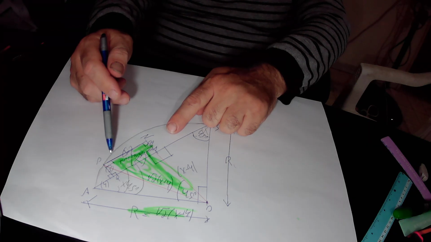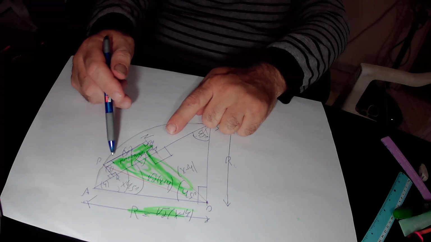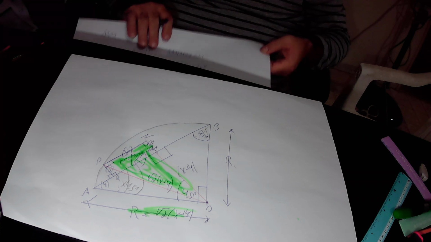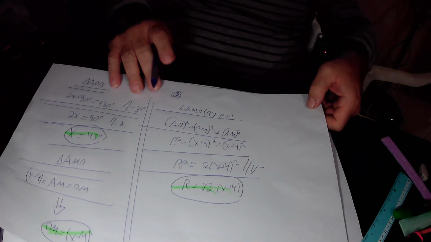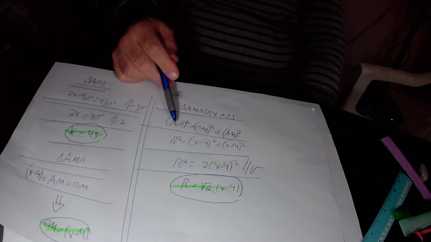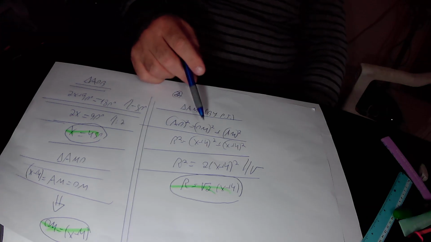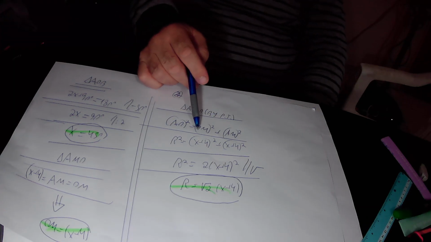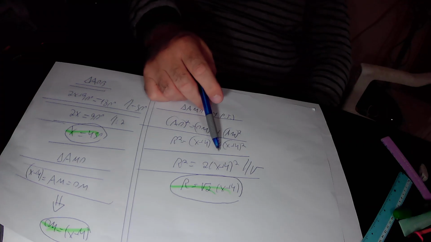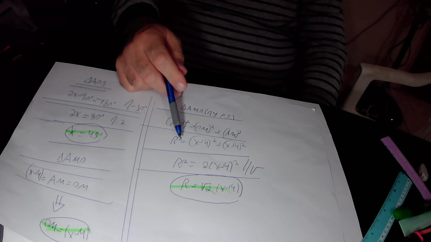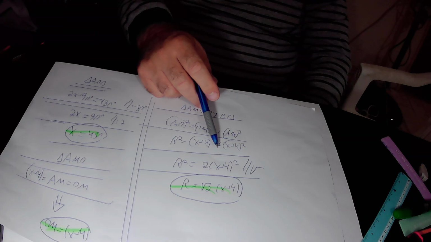AM is also X plus 4, therefore AM squared is X plus 4 squared. So in total, R squared equals X plus 4 squared plus X plus 4 squared, which is 2 times X plus 4 squared.